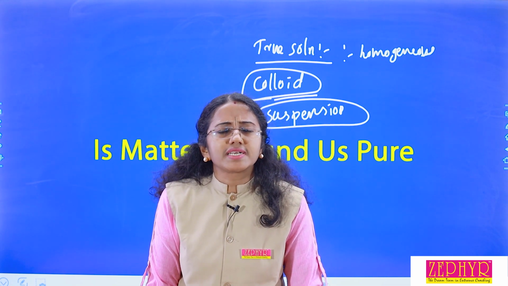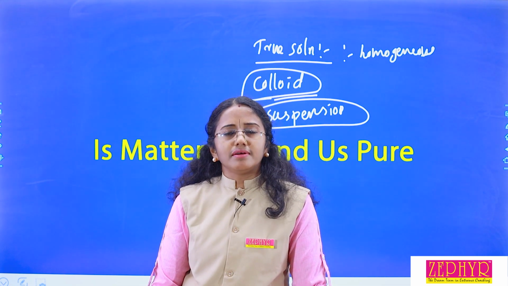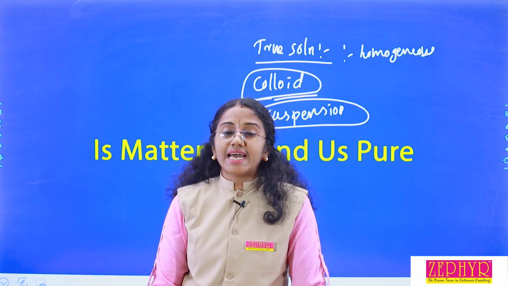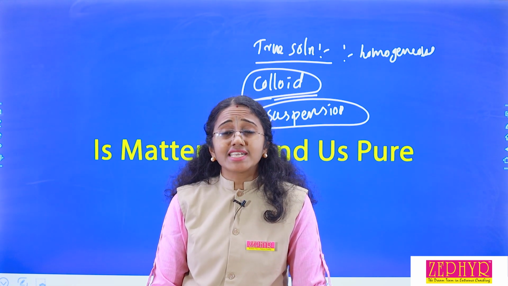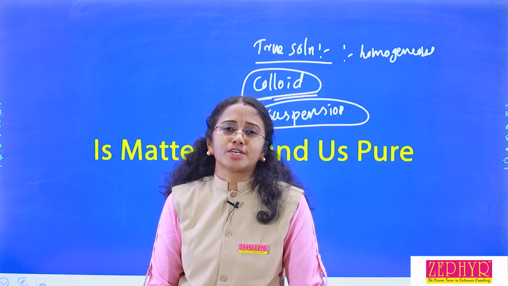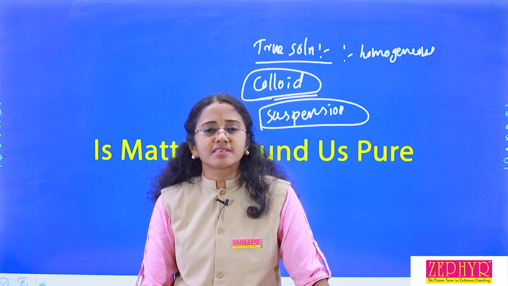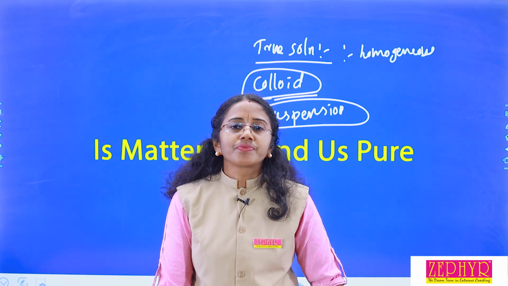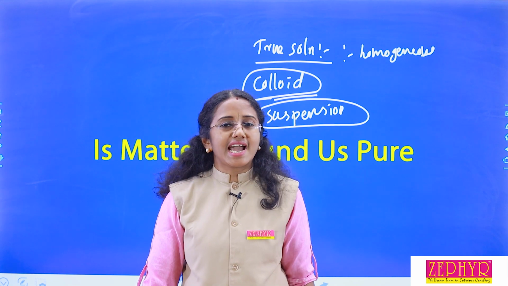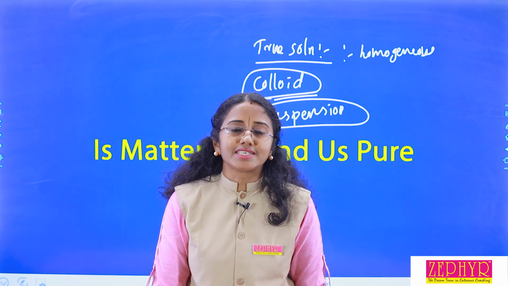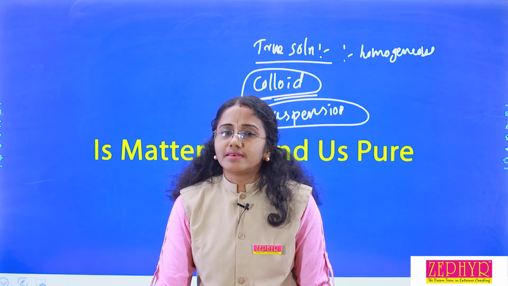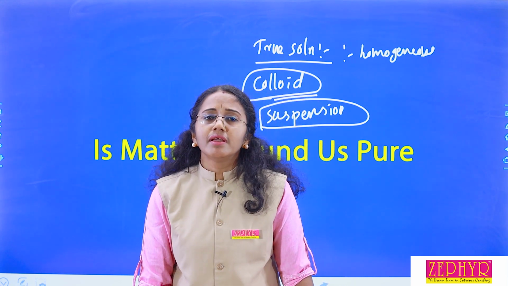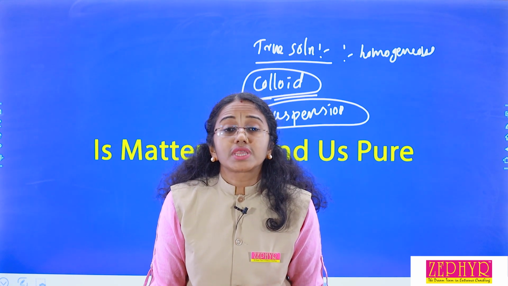Then colloid: the particle size is in between true solution and suspension. It looks like it's homogeneous, but it is actually heterogeneous. It also scatters a beam of light, but it never settles down, and the particle size is in between 1 nanometer to 1000 nanometer.